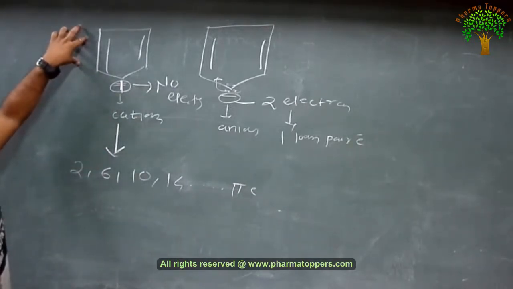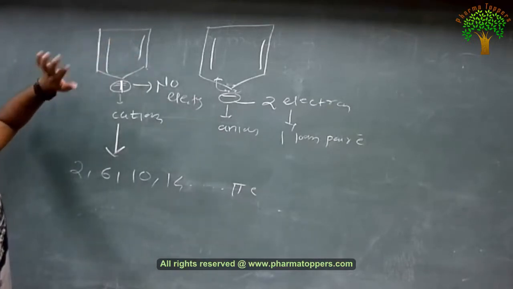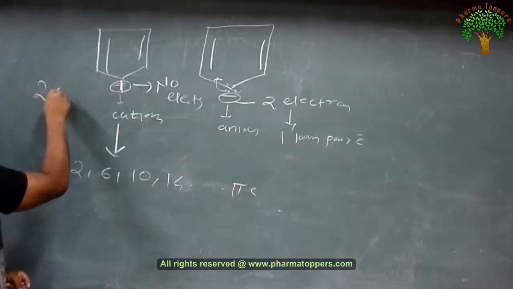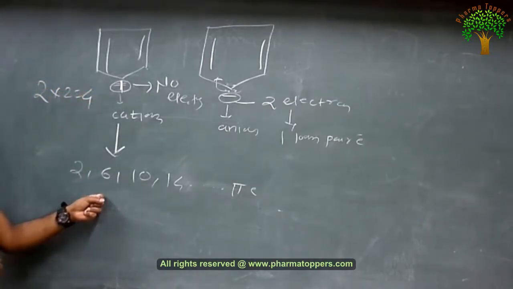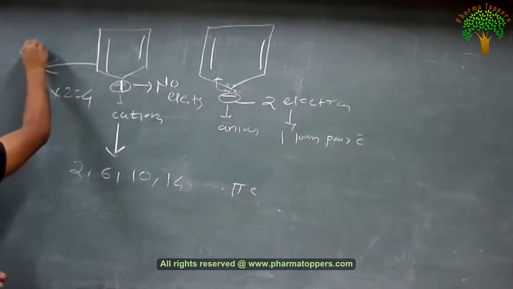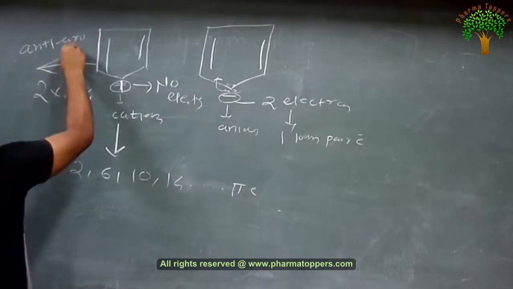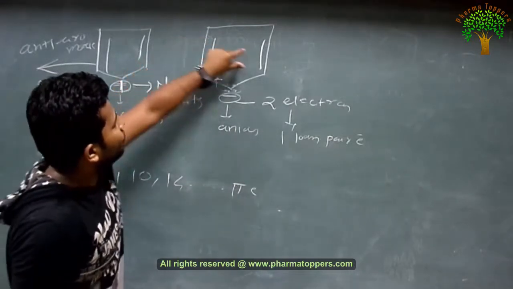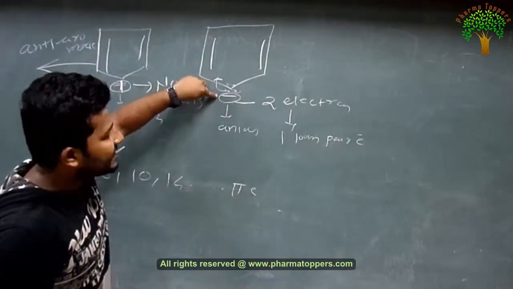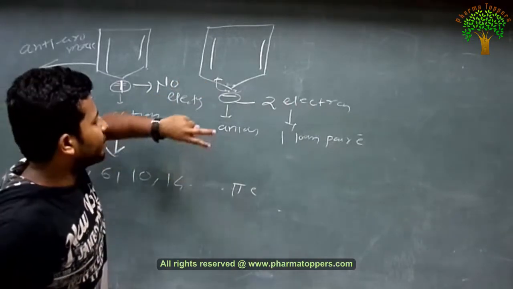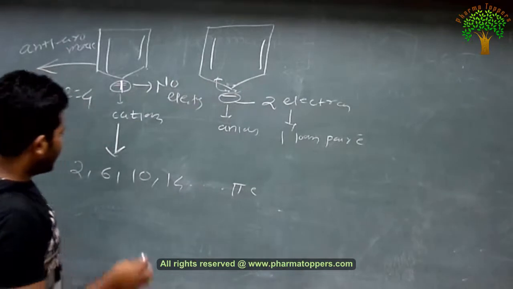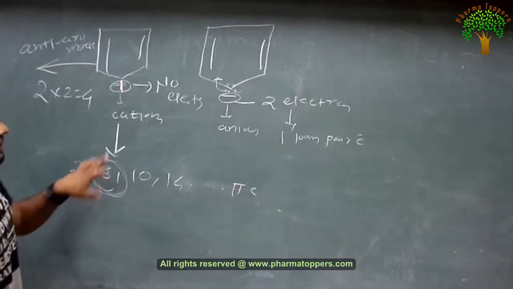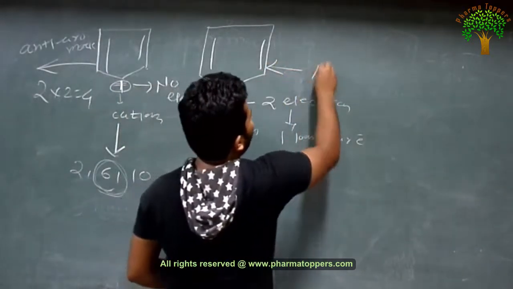If you apply the aromaticity rule for this, it contains 2 double bonds, and one double bond contains 2 pi electrons, 2 into 2, 4. 4 is not present in the Huckel rule, that's why it is anti-aromatic. In this one, these 2 double bonds contain 4 pi electrons and this negative charge contains 2 electrons. 4 plus 2 is equal to 6, and 6 is present in the Huckel rule. That's why this structure is called aromatic.